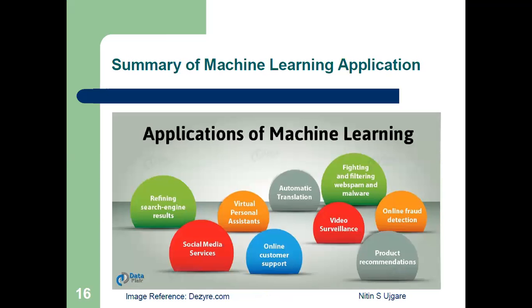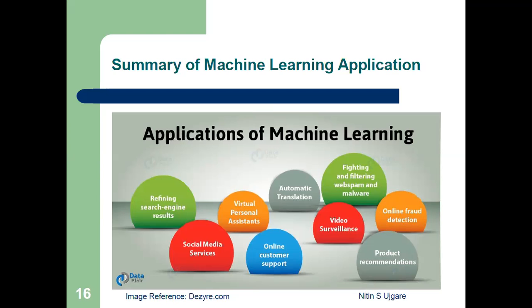Apart from these applications, there are some other applications of machine learning which come under social media services, virtual personal assistant, online customer support, automatic translation of speech from one language to another, video surveillance, that is detecting humans, detecting objects, suspicious activities, and so on, firefighting robot, web spam, online fraud detection, product recommendation, and whatnot.